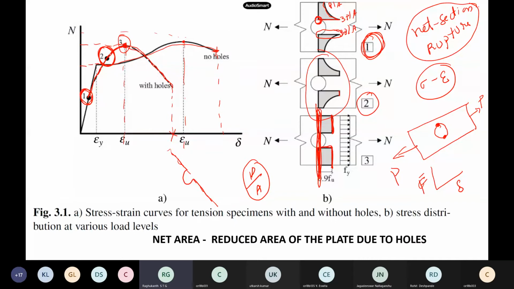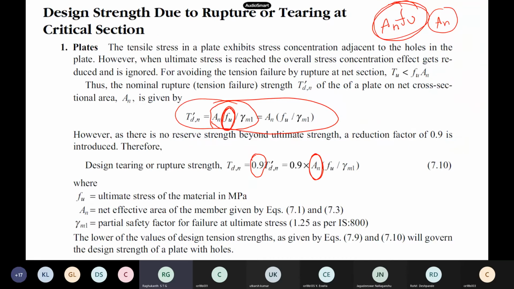So to avoid some uncertainties, the code takes 0.9. This 0.9 has come from experiments. Even the American code and the Euro code use this 0.9 multiplying factor. Our IS code has also borrowed this factor from the other codes. So this is another safety factor.